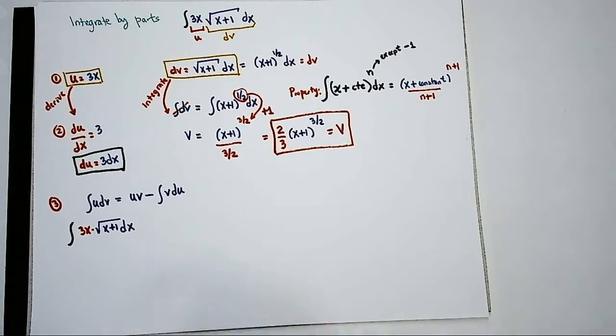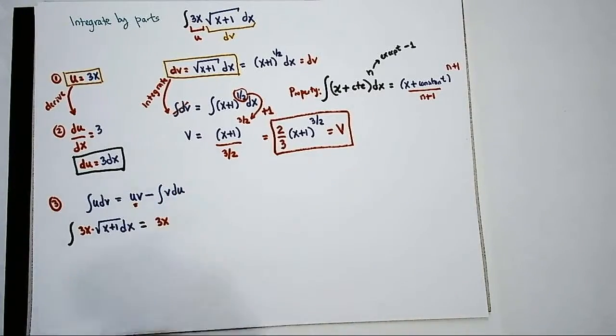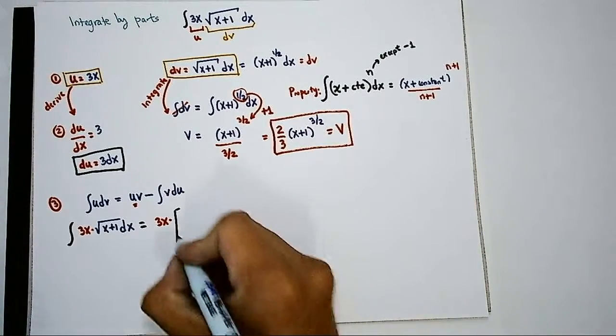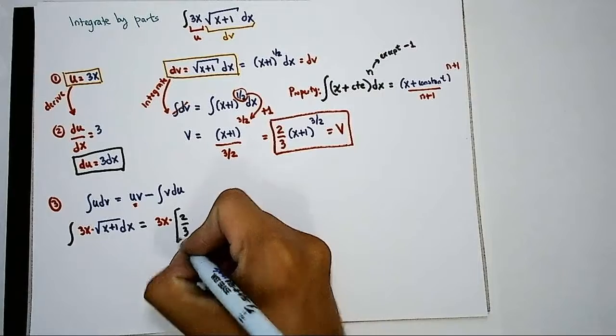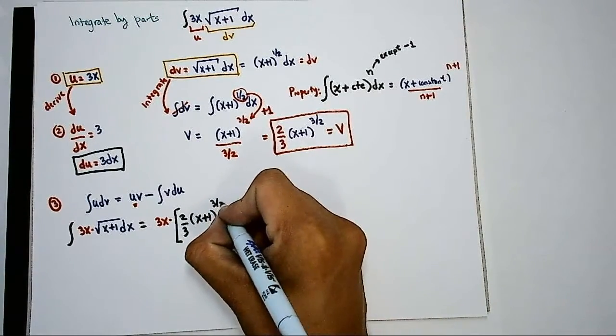This will be equal to, here we have u, which is 3x, times v, which is this, 2/3 x plus 1 to the 3/2.